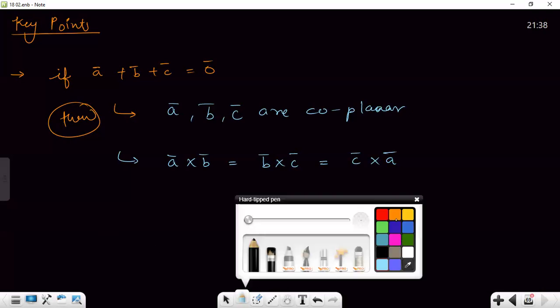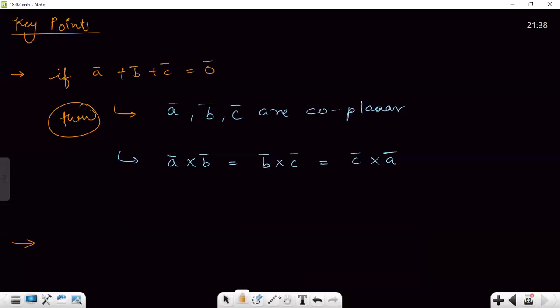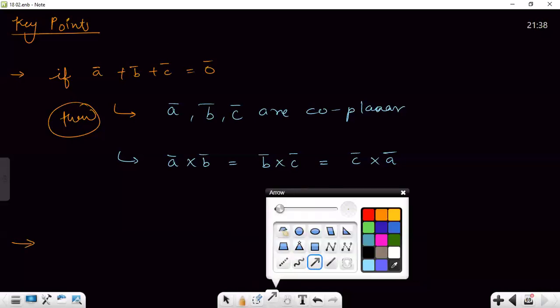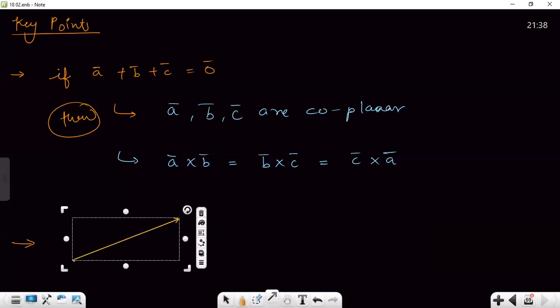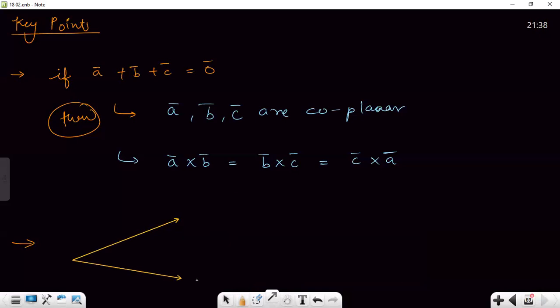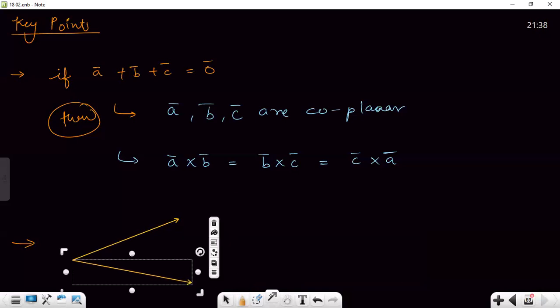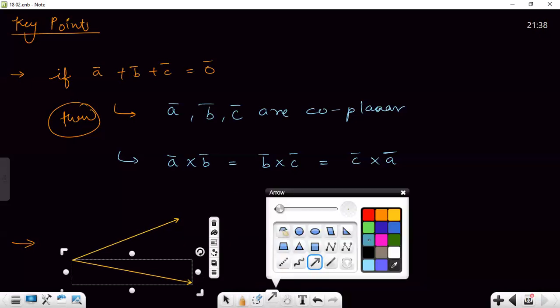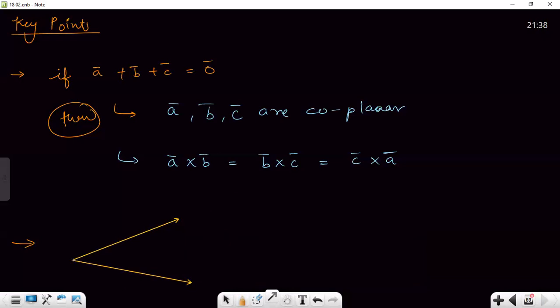Second, if there are two vectors given and we have to find the internal bisector vector, internal bisector angle.